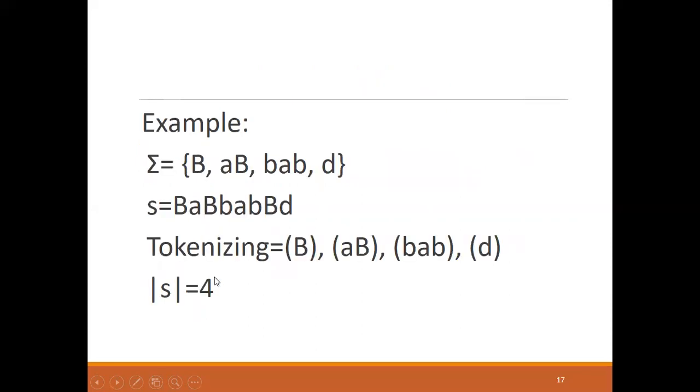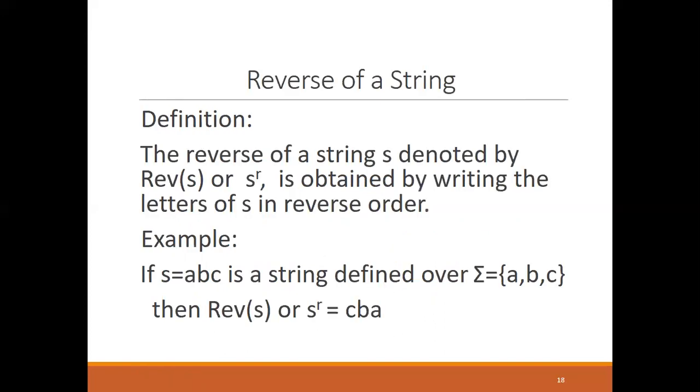For example, this is another alphabet set with four symbols B, AB, BAB, and D, and you have a string B, AB, BAB, B, and D. When we tokenize it, we have five tokens, so the length of this particular string will be 5.